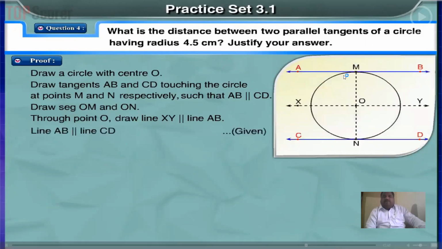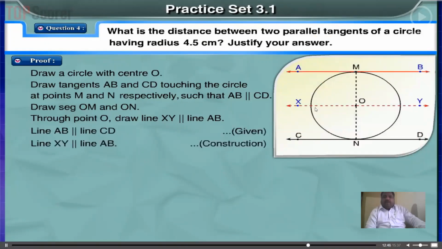Line AB is parallel to the line CD. Given line XY is parallel to the line AB by construction. Therefore, these three lines are parallel to each other. AB is parallel to XY, is parallel to CD.